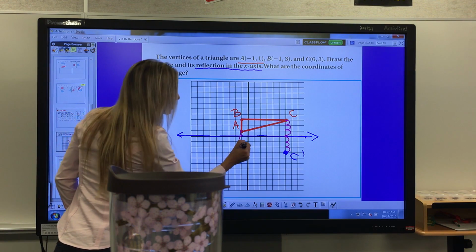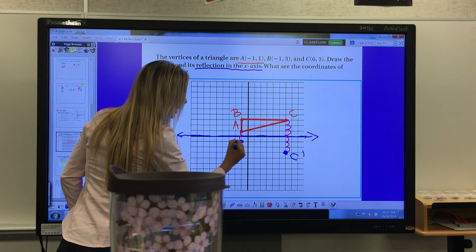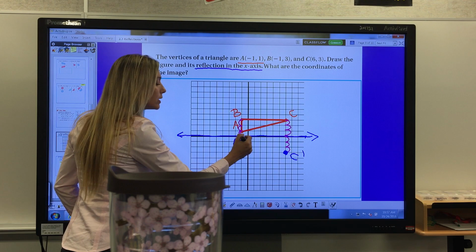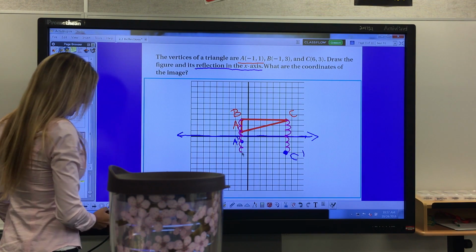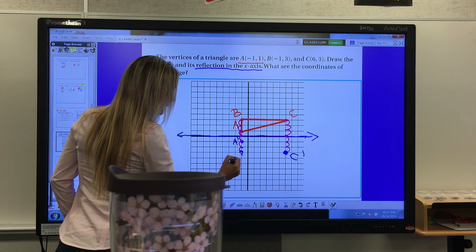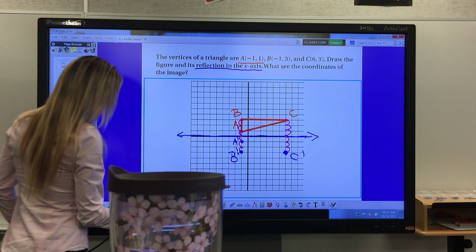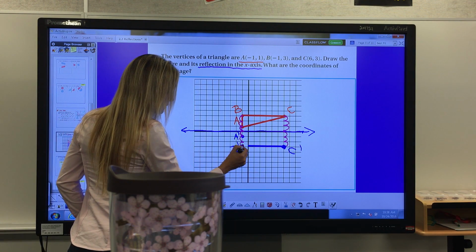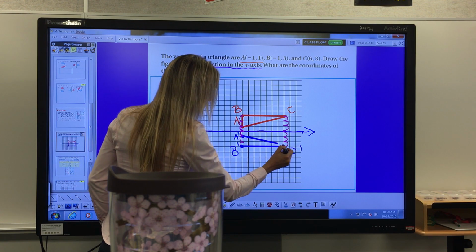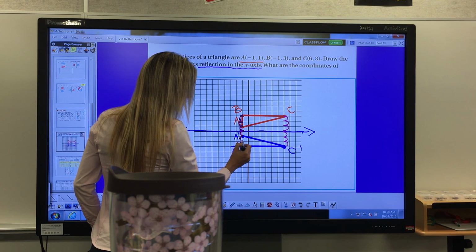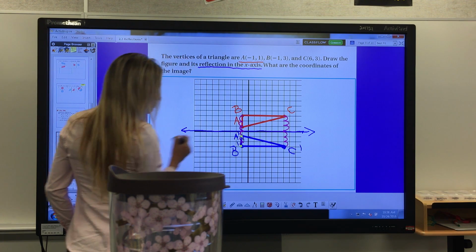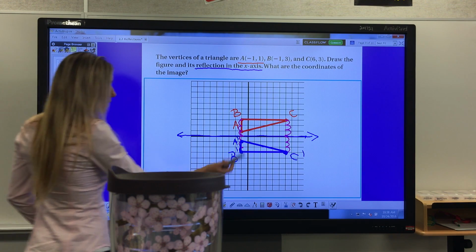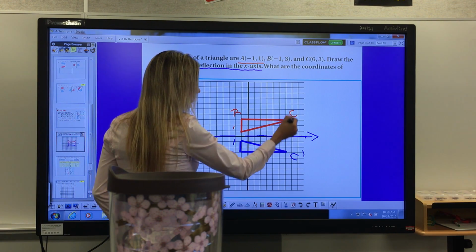So the point A is going to be in here, and is my A prime. Point B, 1, 2, 3 units, 1, 2, 3 units. It's going to be right in here, B prime. Let's connect my points. And there it is. That is my reflected triangle. So now it's A prime, B prime, and C prime.